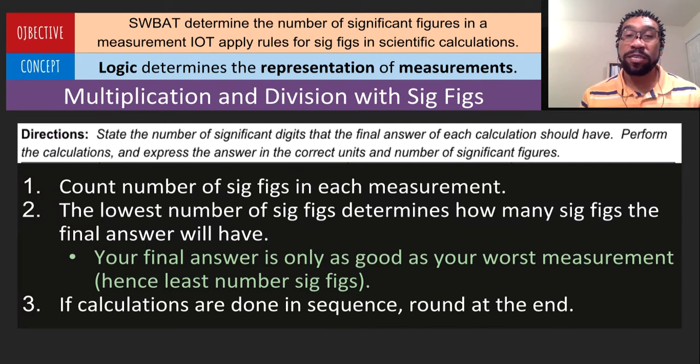So your final answer can only be as good as your worst measurement. And your worst measurement is the one that has the least number of sig figs. So with 5 and 3, 3 would be the worst measurement, okay? And if calculations happen to be done in sequence, so if you're doing multiplication, division, division, multiplication, like in a row, then you just simply round at the end of the calculation, okay?